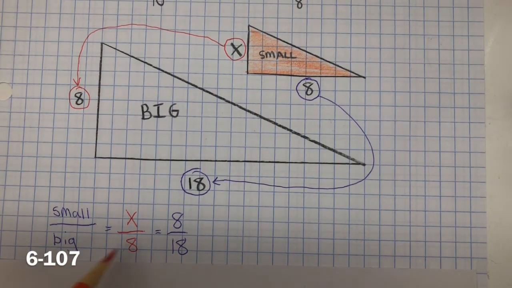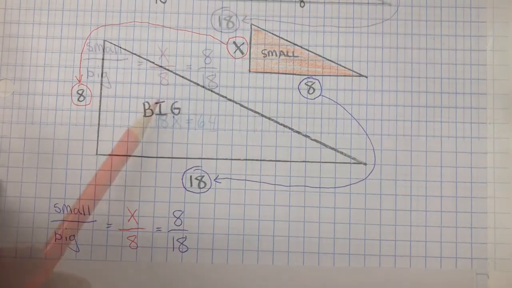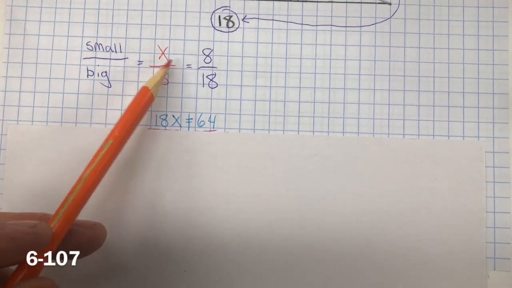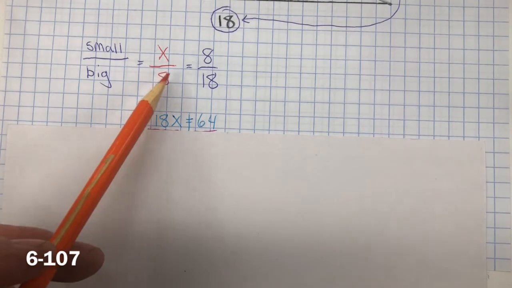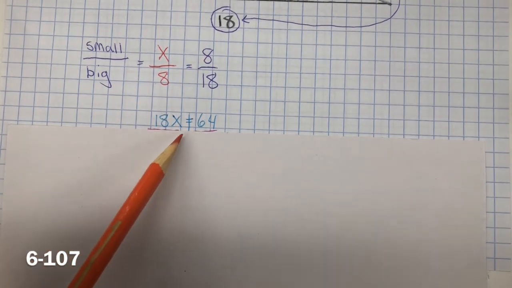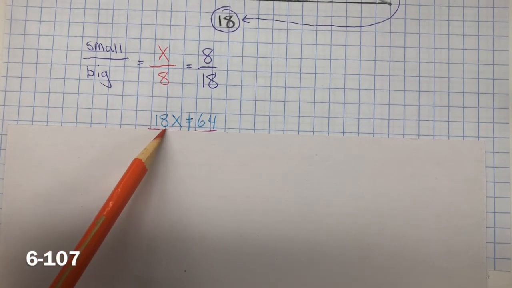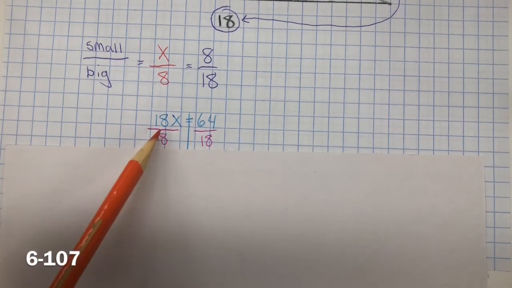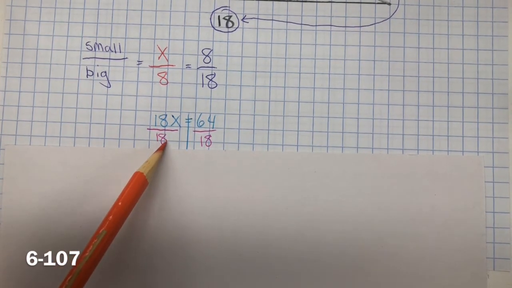And now we have a proportional relationship that we can solve by cross multiplying, also known as the butterfly method. So when we cross multiply these, x multiplied by 18 is 18x, 8 multiplied by 8 is 64. This is multiplication. The inverse property of multiplication is division. So we divide both sides by 18, creating the giant 1.